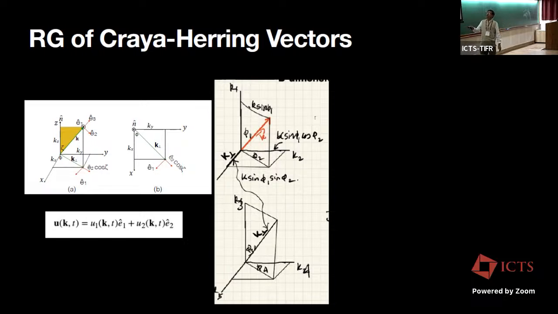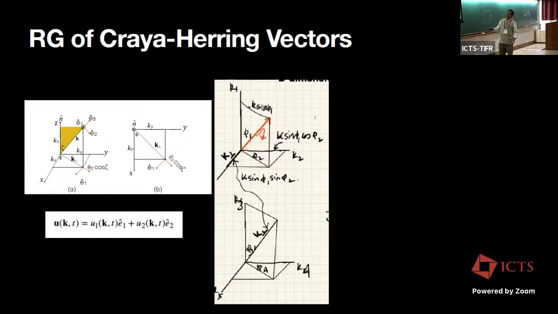Now my E2 is perpendicular to E3 and E1, so E3 cross E1 is E2. So my velocity field basically lies in the E1, E2 plane. This is a plane formed by E1, which is coming towards you, and E2, which is perpendicular. So I have only two components which are independent, and I can write down equations for them. Okay, so this is my velocity field.